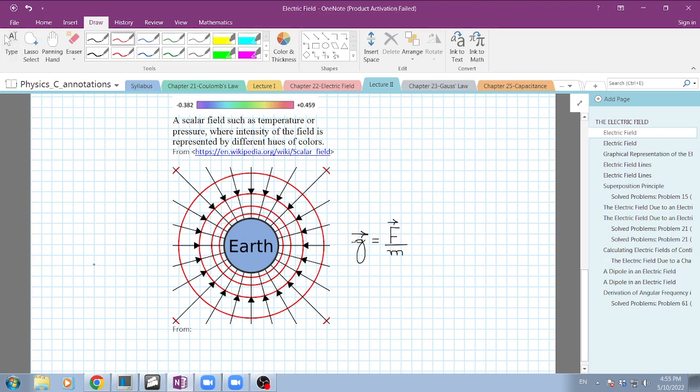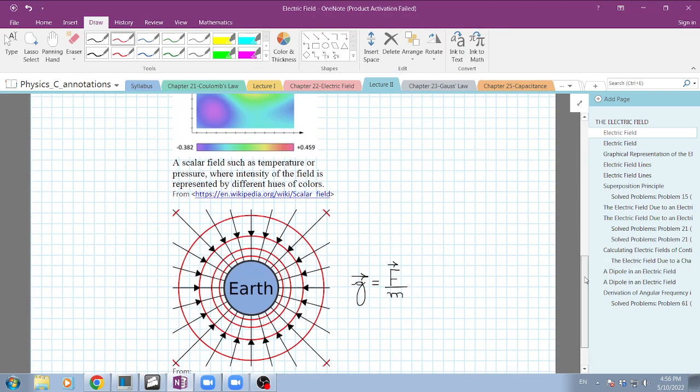And we already studied one very famous vector field in physics B, I think, or physics A. I'm not exactly sure. That is the gravitational field. So you are familiar with this idea.